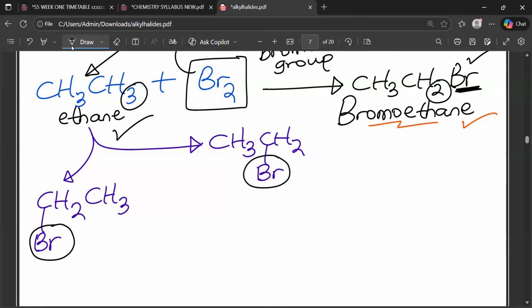But remember, in nomenclature, we always consider the lowest possible position. When it touches the first carbon, we are going to follow this direction, and this one is going to be carbon number 1. When it touches the last one, this is going to be the direction we are going to follow. And still this one will be carbon number what? Carbon number 1. So because of the rules of nomenclature, you're not supposed to put anything here.